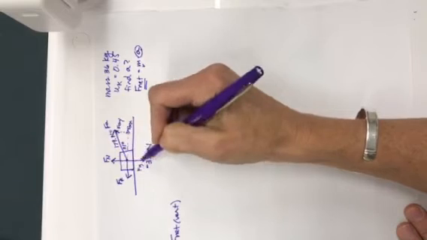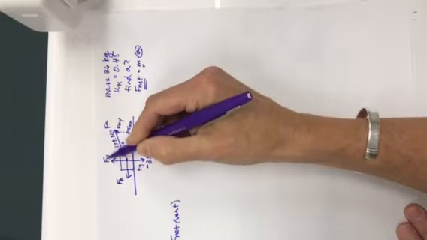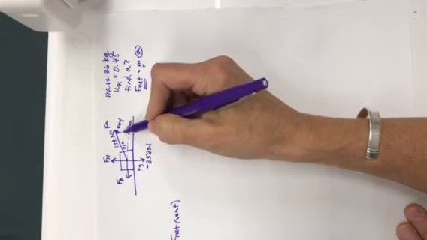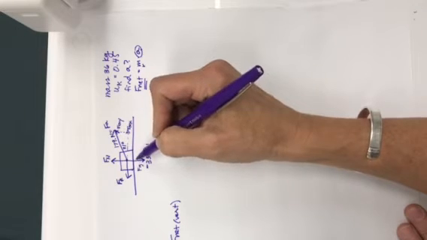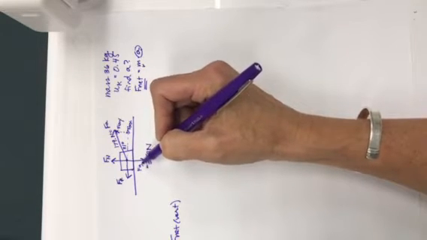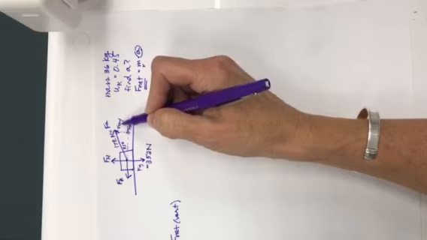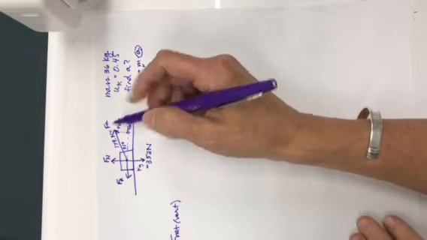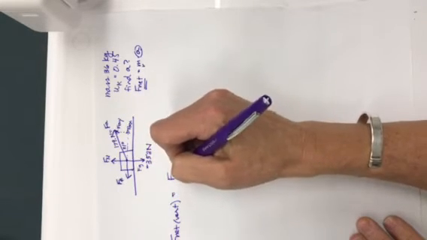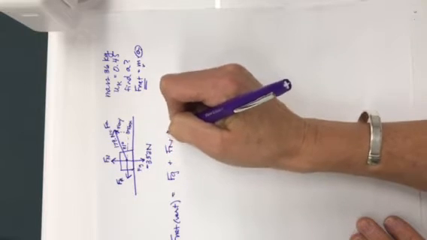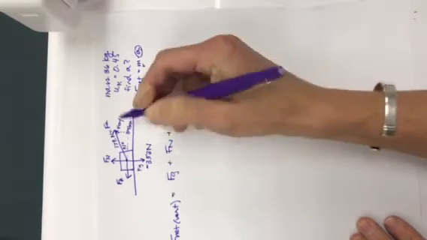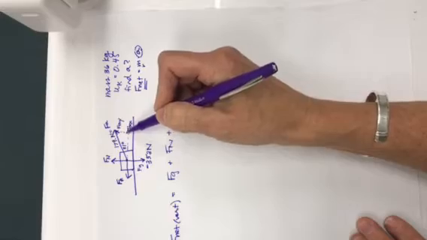Vertically, we have the force of gravity, we have the normal, but we also have a little upward force that is balancing out the force of gravity, coming from this F_A. I'm going to call it F_AY. So that would be my force of gravity plus F_N plus my F_AY, which means I'm going to have to break this up into components.